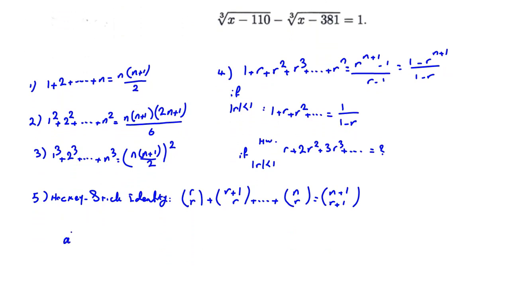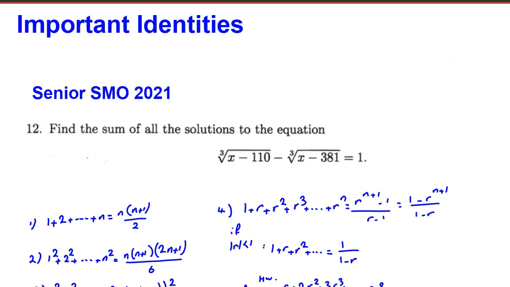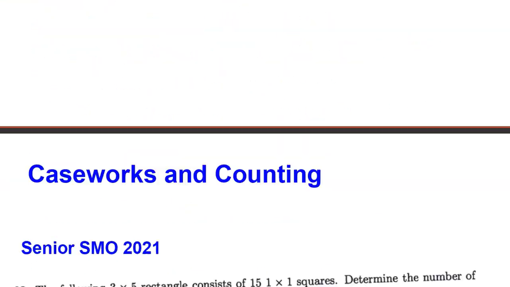And for this problem of SMO, you should use this identity: a cubed plus b cubed plus c cubed equals a plus b plus c times a squared plus b squared plus c squared minus ab minus ac minus bc, plus 3abc. And you can see my video where I released the solution of SMO 2021.